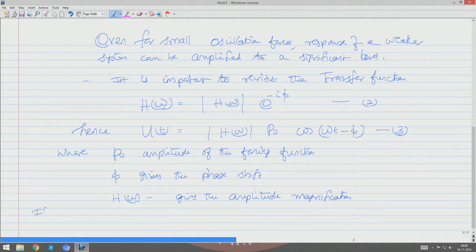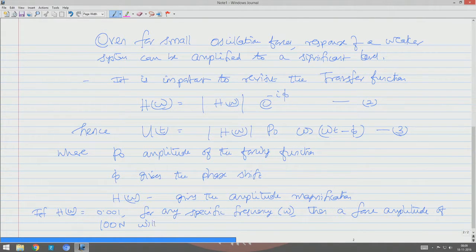Let us say if H omega is 0.001 for any specific frequency omega, then a force amplitude of 100 Newton will give rise to a displacement of 0.1 meter at this frequency.